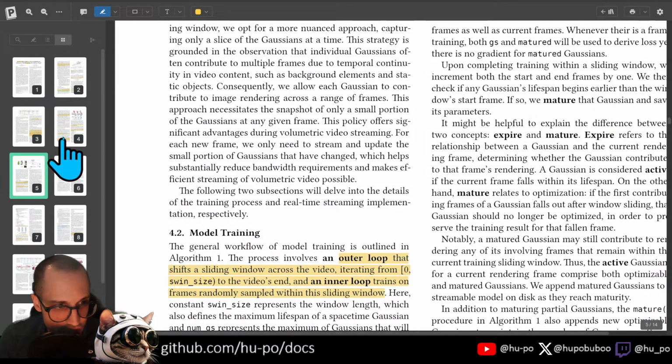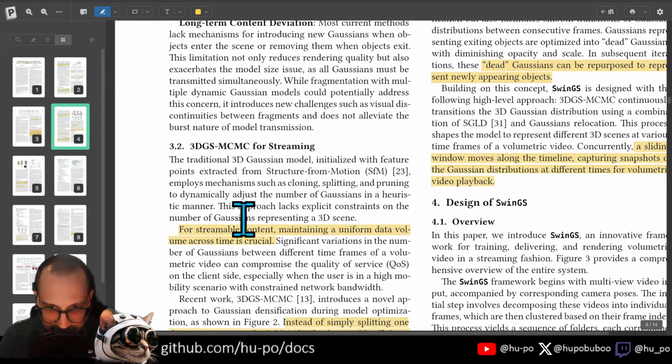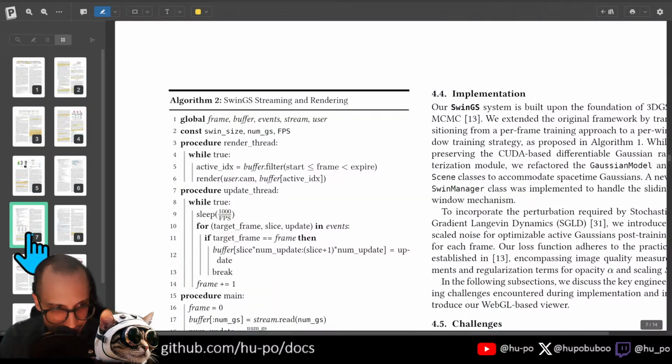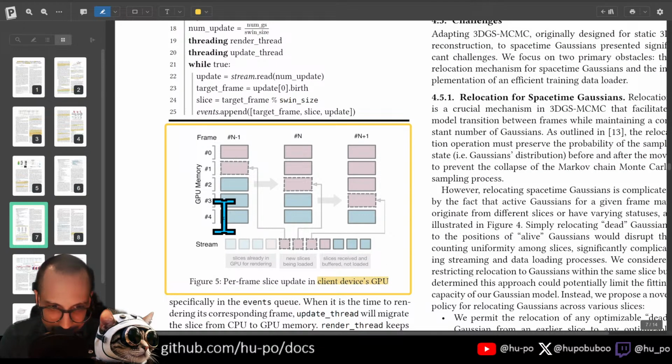you want the total chunk of Gaussians to be the same. For streamable content, maintaining a uniform data volume across time is crucial, right? So what does that mean? It means that the GPU memory, you want it to be full of your Gaussians, which is some specific amount of Gaussians for your specific GPU memory. You don't want that to be varying over time, right? You don't want some frames to have 100 Gaussians, some frames to have 2 Gaussians, some frames to have 10 million Gaussians.